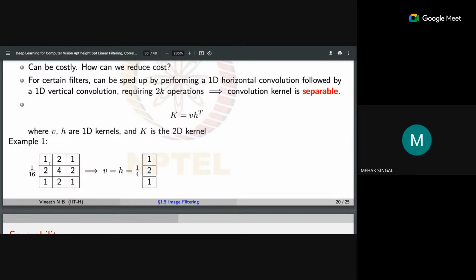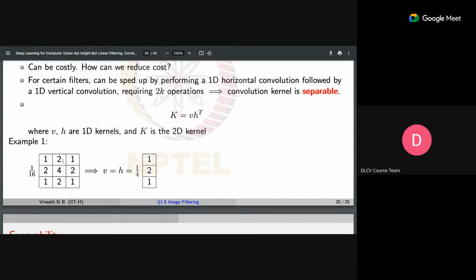So here the second row is just a multiple of the first row, and the third row is just a repetition of the first row, right? Same goes for columns.